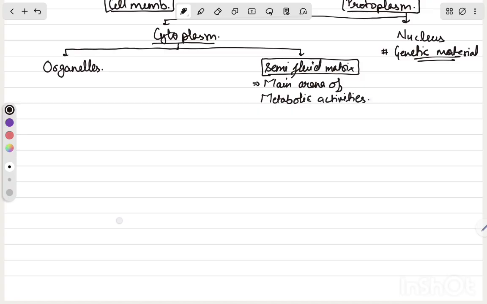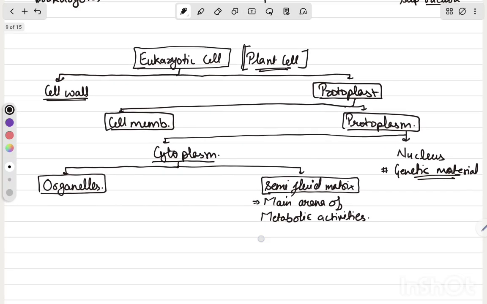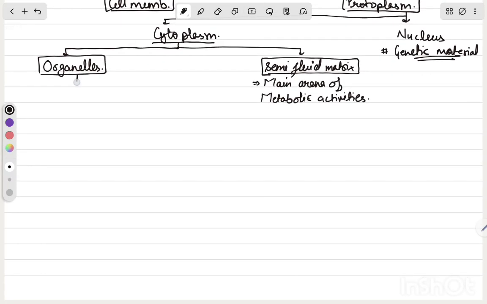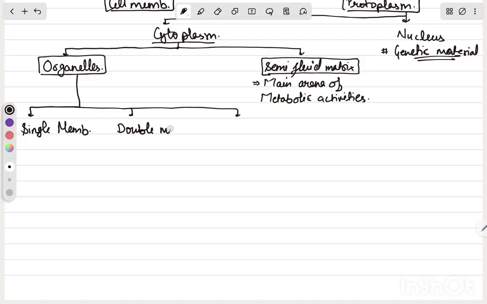Now we'll talk about organelles. What are the major organelles of a cell? If we talk about organelles, we have three different categories. One is single membrane bound organelle. Second category is double membrane bound organelle, and the third category is non-membranous organelles, right?